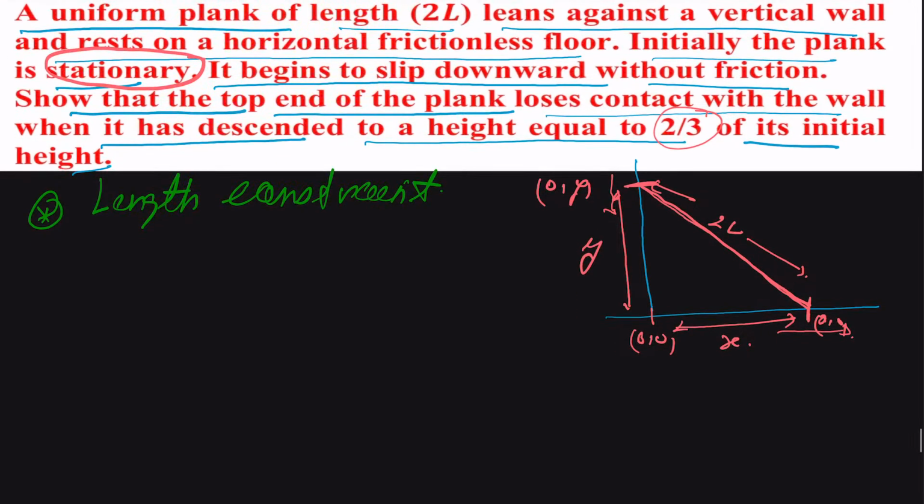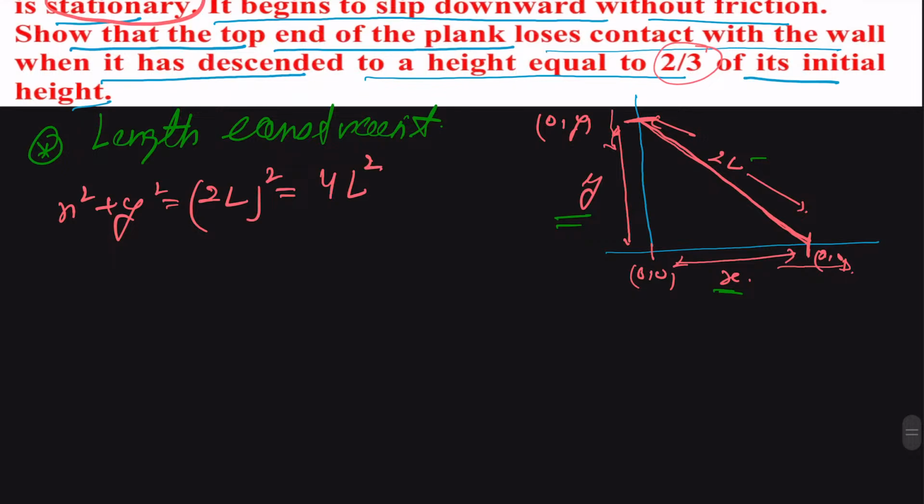That length constraint is the relationship between the base and the height, whichever, the ladder length: x square plus y square is equal to 2L whole square, which is nothing but 4L square. Therefore x is equal to the square root of 4L square minus y square.